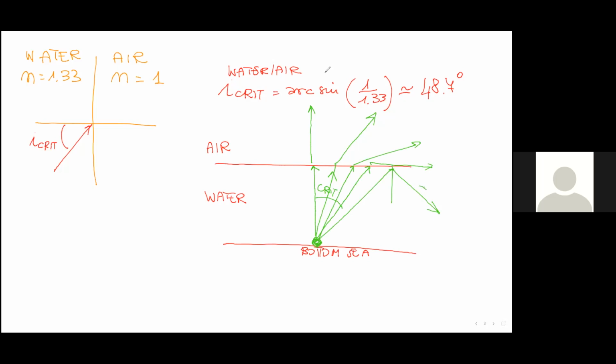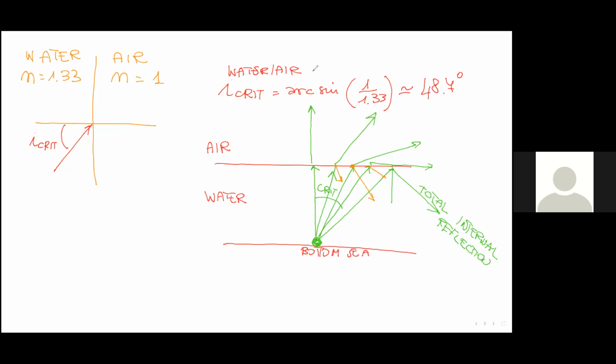So here you have total internal reflection, while here, for example, in this position, part of the light will be transmitted and part will be reflected.